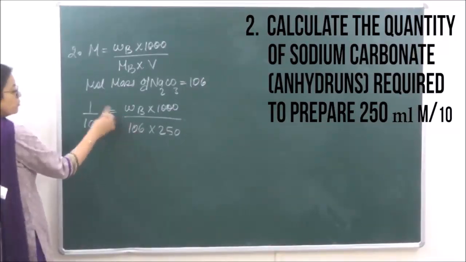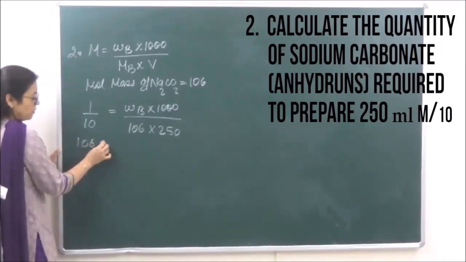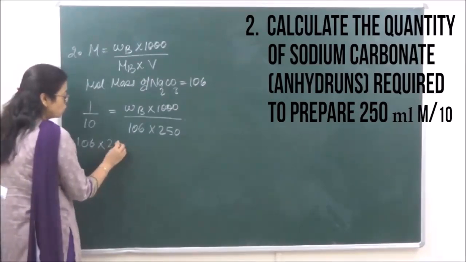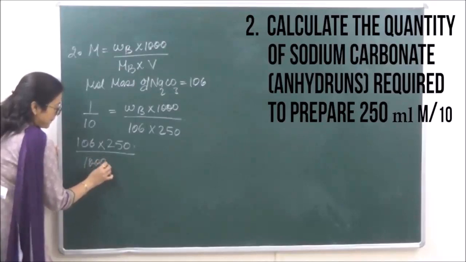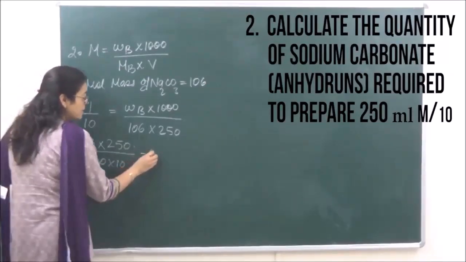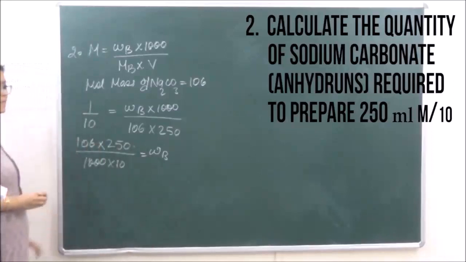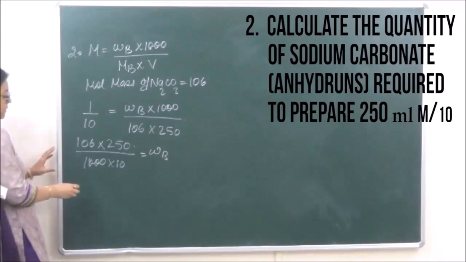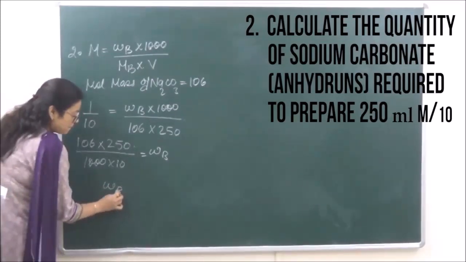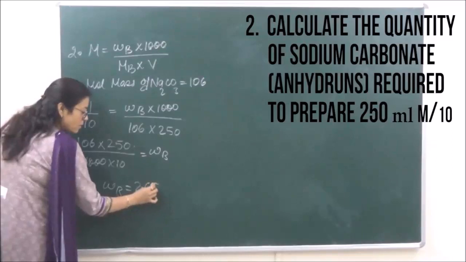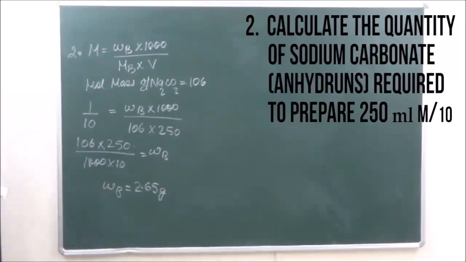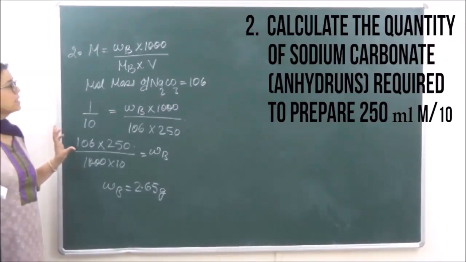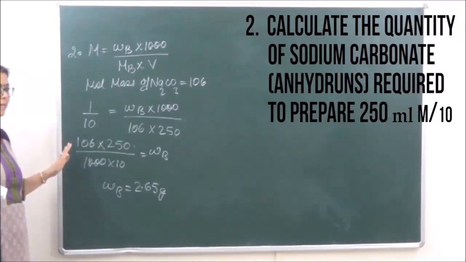Now to calculate WB, how do we proceed? 106 into 250 upon 1000 into 10, that is equal to WB. And when calculated, the answer comes to 2.65 grams. Okay, so these were two simple questions in which we had to put the formula directly.